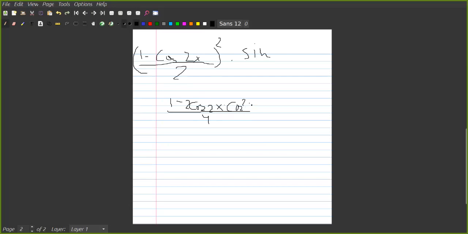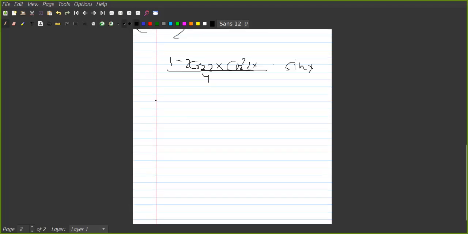So we know that this is the same thing as 1 minus cosine of 2x over 2, and we square this and multiply by sine. So over 4, 1 squared is the first squared, minus 2 times the first times the second, 2 cosine 2x, plus the second squared, which is cosine squared of 2x, times sine x.